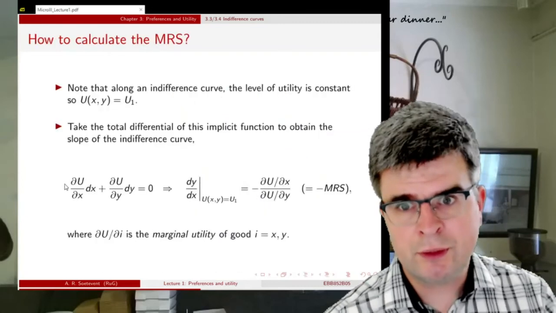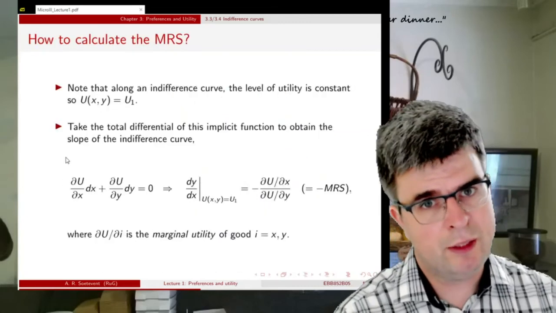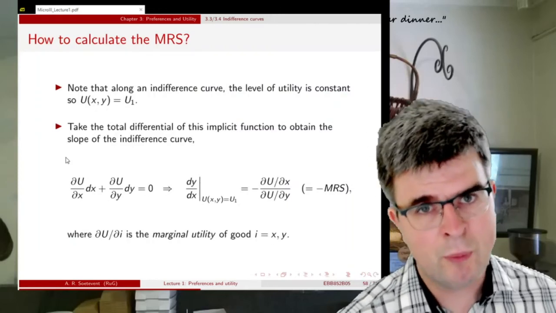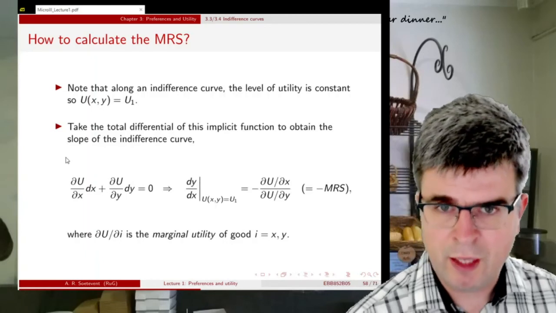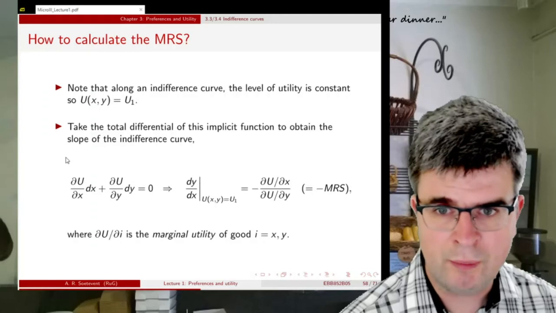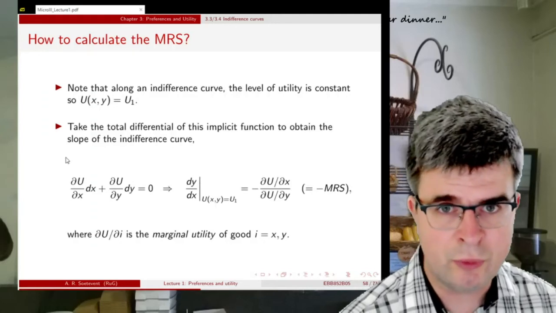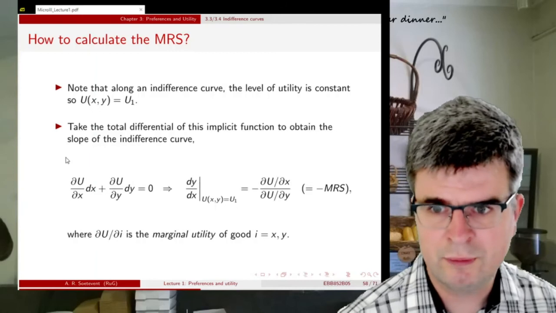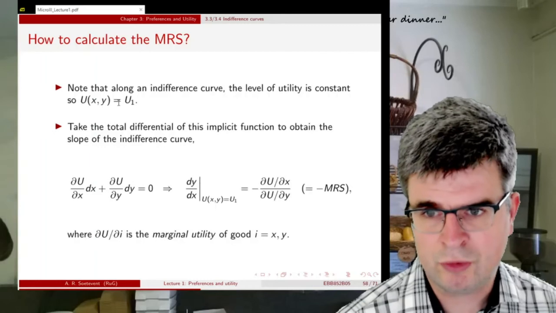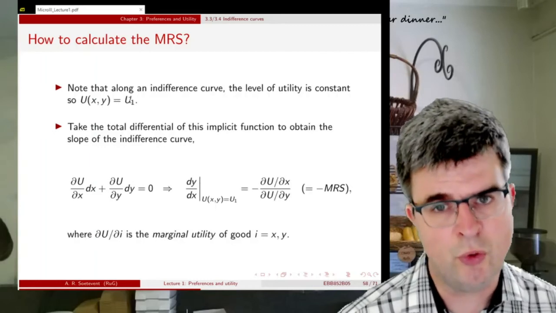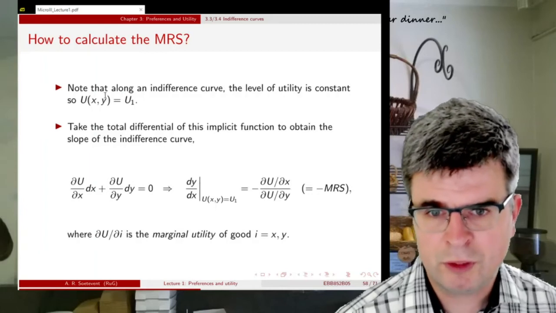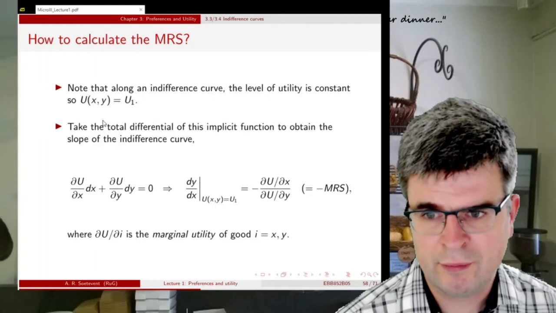Another open question that you may have: I gave you a formula for the marginal rate of substitution, but how did we arrive at that expression? Now, one way to derive this is to observe that in the indifference curve, the utility level is by definition constant, such that we can write the utility function at an indifference curve as equal to a level u1, which is a number, and we take the total differential of this implicit function on the left hand side and the right hand side.